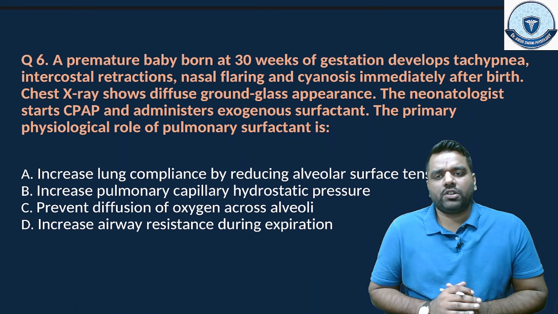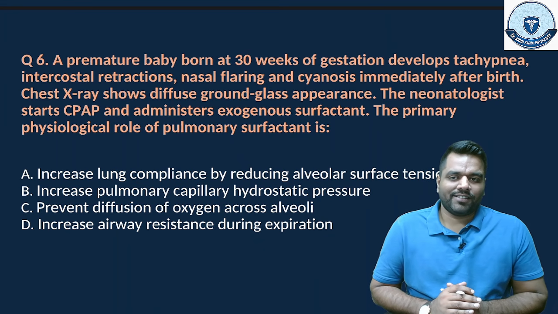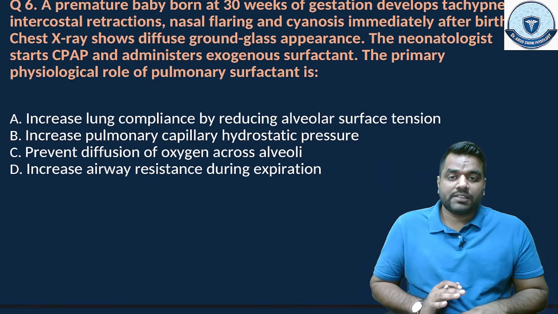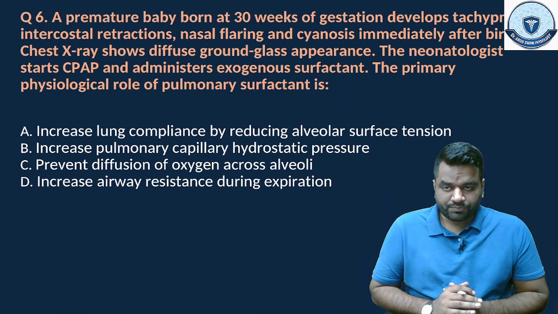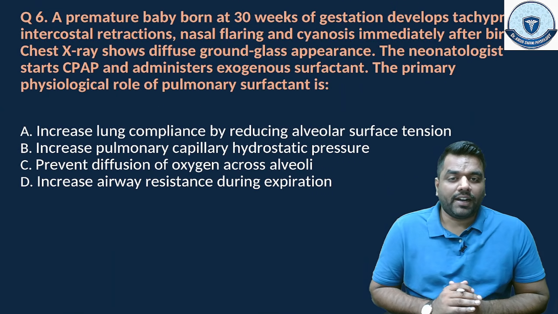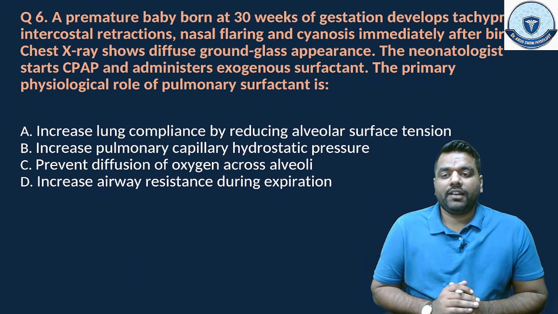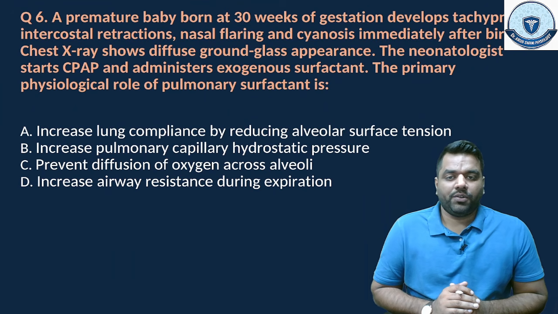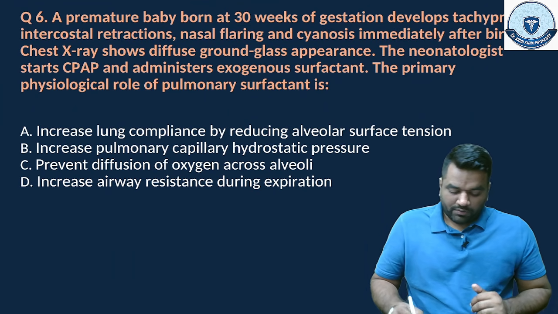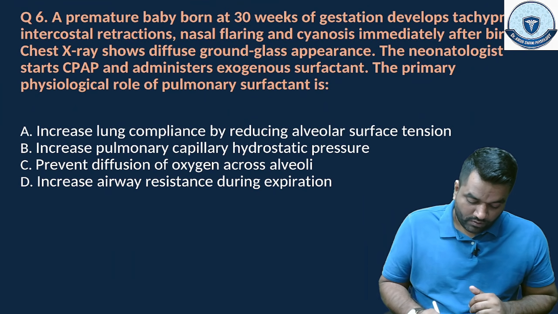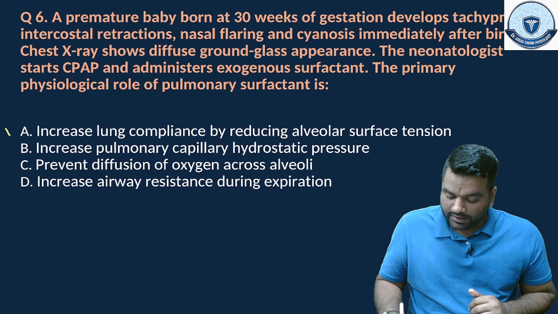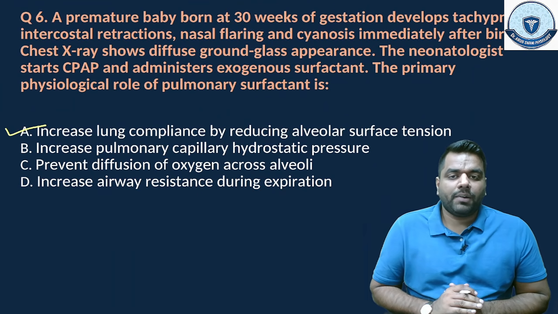The primary physiological role of pulmonary surfactant is: increase lung compliance by reducing alveolar surface tension, increase pulmonary capillary hydrostatic pressure, prevent diffusion of oxygen across alveoli, or increase airway resistance during expiration. The right answer of this question is A. It increases the lung compliance by reducing the alveolar surface tension.